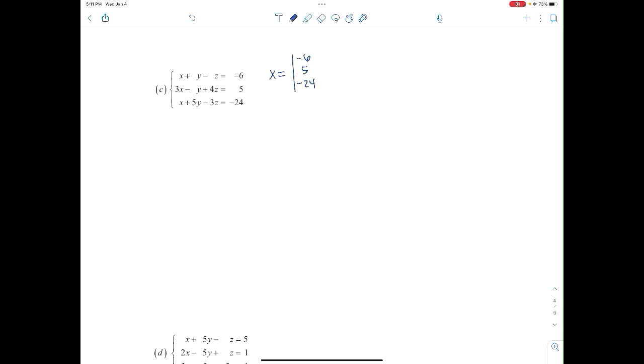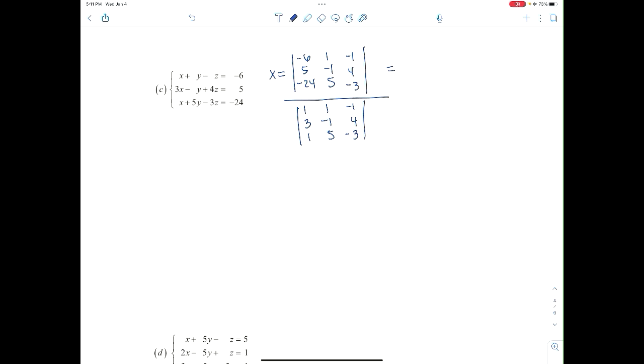We're going to put our y's, 1, -1, 5, and our z's, -1, 4, -3, over the determinant of our x, y, and z values. So 1, 3, 1, 1, -1, 5, -1, 4, 3, -3.